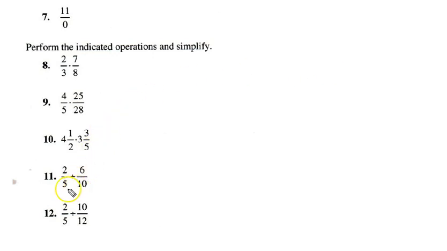Now we're going on to division, where we always convert division, which is what we have here, to multiplication. We convert the sign to multiplication, and we take the second item and flip it. That is, take its reciprocal.